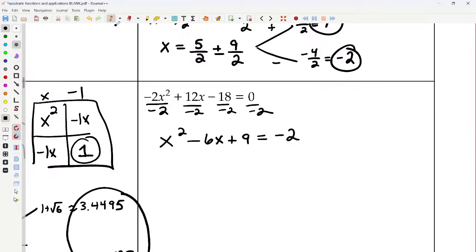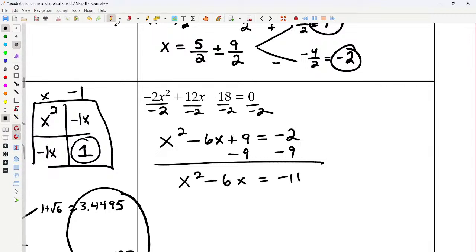Now this has vibes similar to the previous question, meaning things are looking better. I got 1x squared, but I still got this +9 constant term, so we'll kick it over to the other side. And as I am wrapping this up, I've said it a few times tonight, the picture helps.